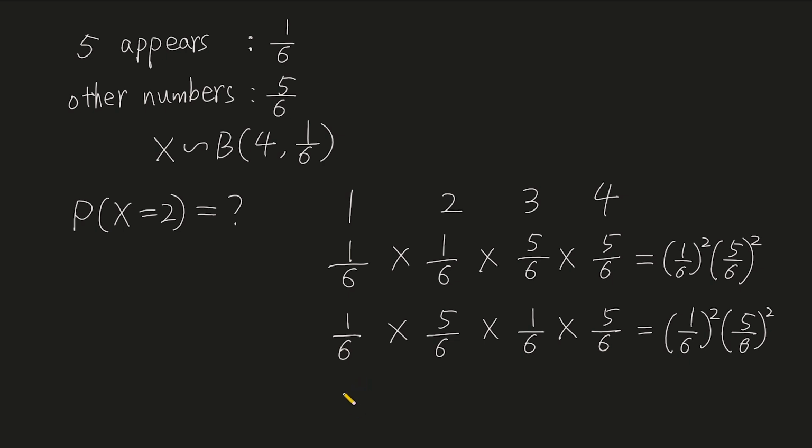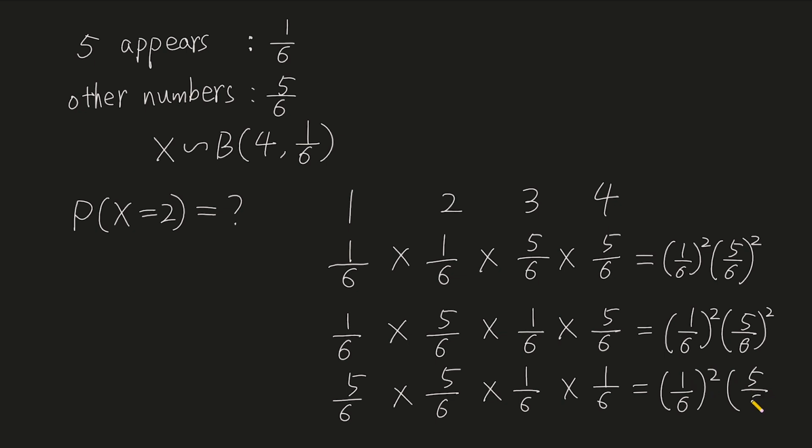For example, the first time other numbers appear, the second time other numbers appear, the third time number 5 appears, the fourth time number 5 appears. This is also 1 over 6 squared times 5 over 6 squared. Because the probabilities of all the cases are the same.